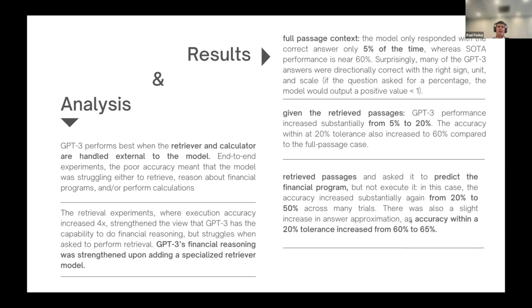On some questions and tasks, if you look at their distributions, we actually beat even Bloomberg GPT's performance.